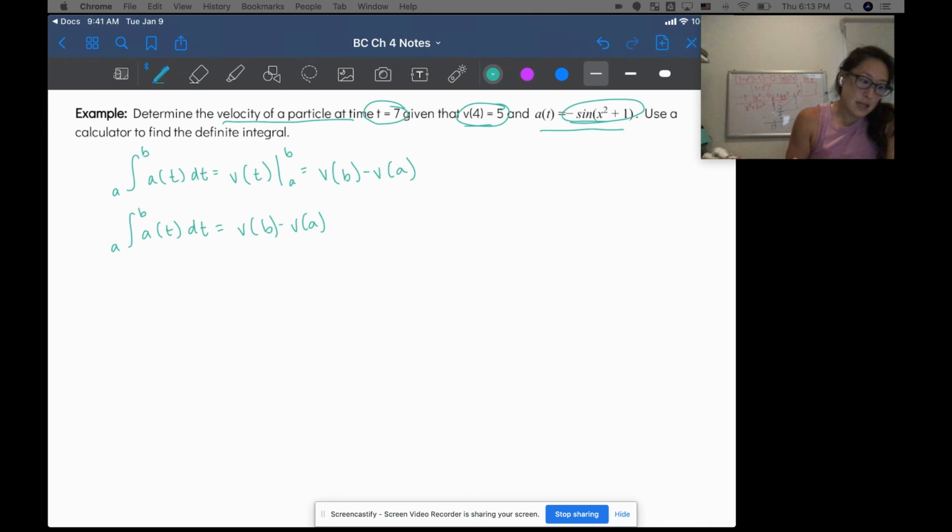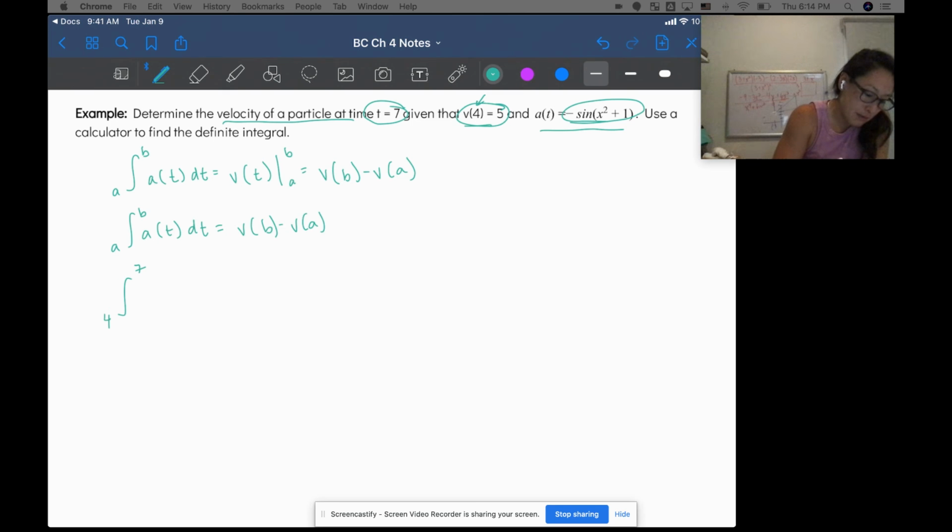So when I plug in 7 into the velocity equation, I get the velocity at time equal to 7, which is going to be my b value. So I'm going to call my a value 4. We're going to find the area from 4 to 7 of a of t.